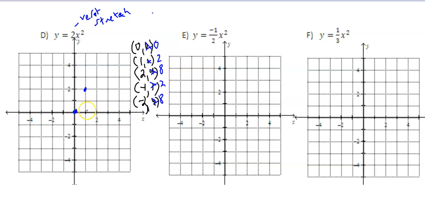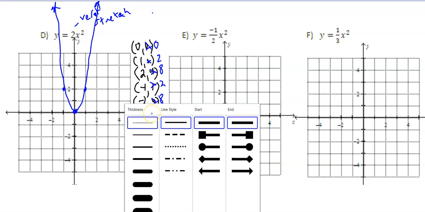It's hard to say. (-1, 2), (-2, 8), somewhere way up there. It's hard to graph. So this is a very skinny parabola. It's coming up very quickly. That vertical stretch made it go up a lot quicker than it would have without the stretch, so it makes it kind of skinny.